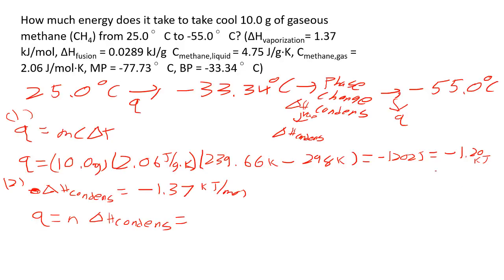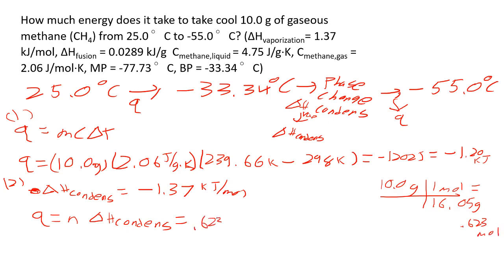If we have 10 grams of CH4, we're going to have 16.05, sorry, not 06, grams per 1 mole. When we do that, we take 10 and divide it by 16.05. I'm going to get that we have 0.623 moles of methane.